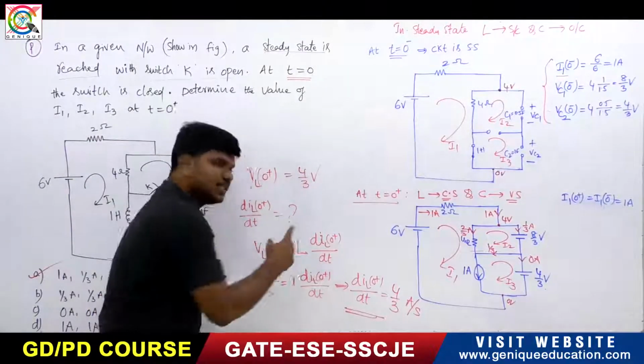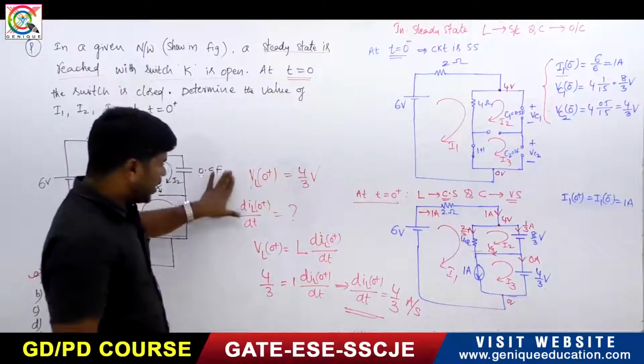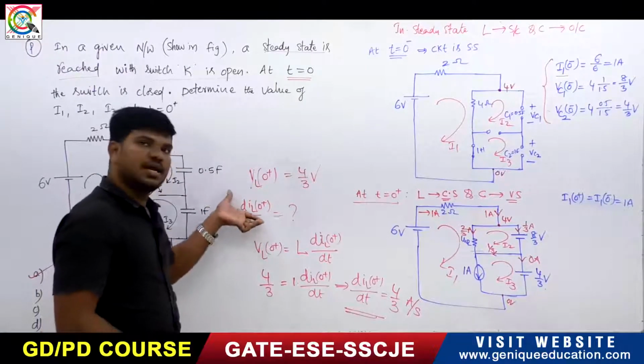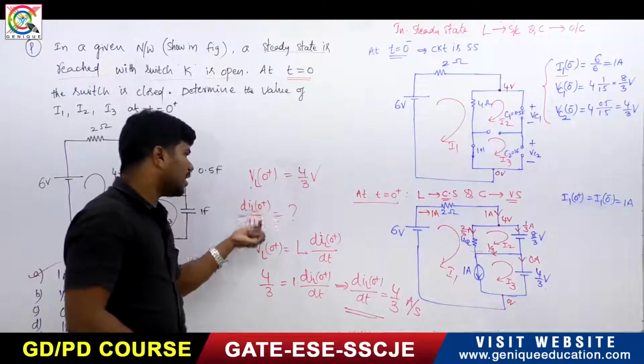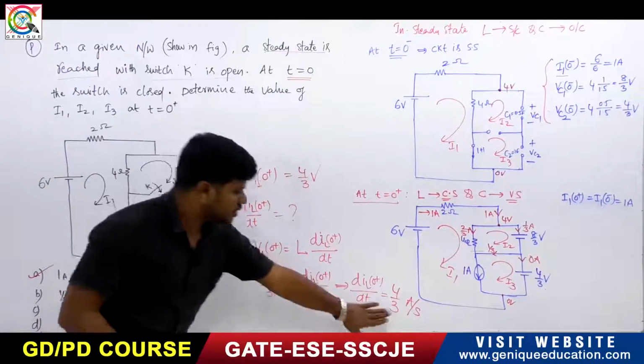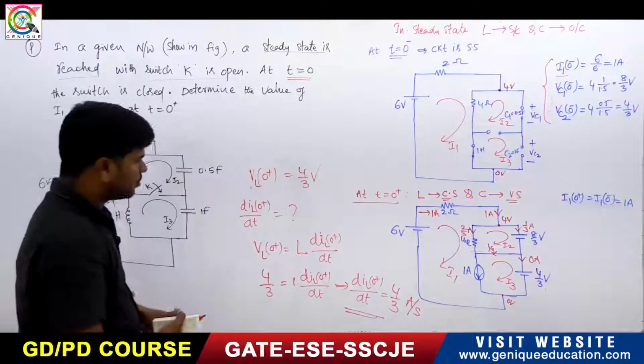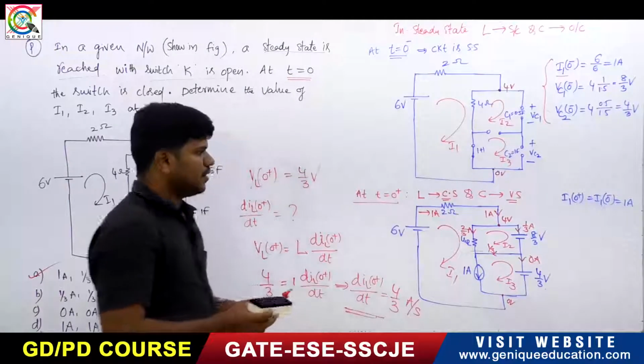So he may ask like this also, right? So this is the thing you have to identify. Sometimes he may ask the rate of change of current in the inductor at t equals 0 plus. So like this also you can find.